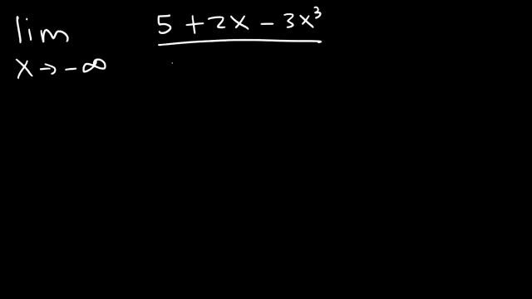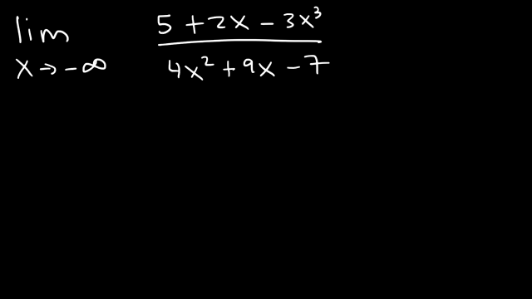So let's do one more example, just in case you found the last example a bit confusing. So this is going to be 5 plus 2x minus 3x cubed over 4x squared plus 9x minus 7. So once again, we have a function that's top heavy.